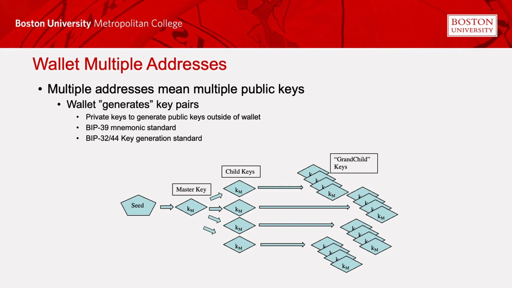So I have my master private key and a sequence of children. Those children can have children and so on. So I can generate a large number of these private keys, and they're all maintained in the wallet. Then, as we saw, we can take any of those private keys and the wallet can generate a public key on that elliptic curve. So it's a convenient way to have lots of keys working as pairs.